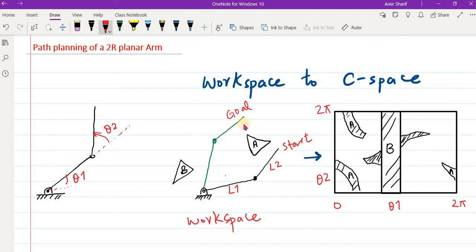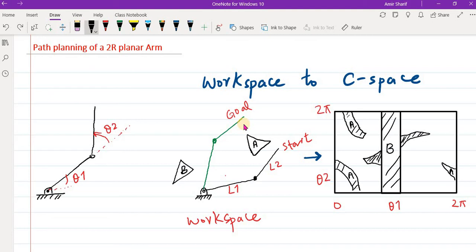So you see in this region there is no collision when theta 2 is more than 90 degrees, or around 180 degrees. But for values roughly around 45 degrees there is a collision.